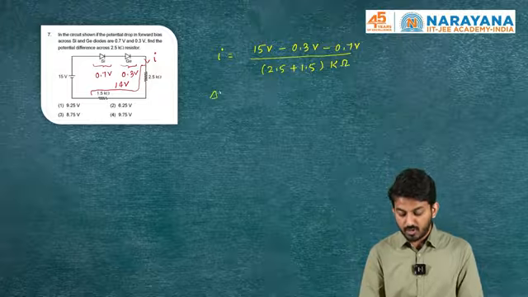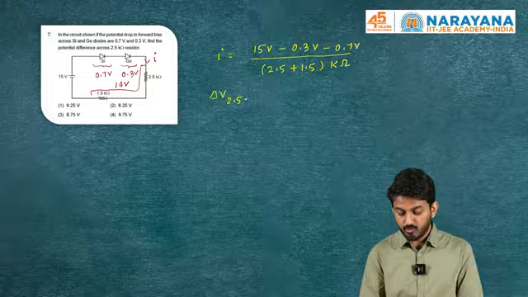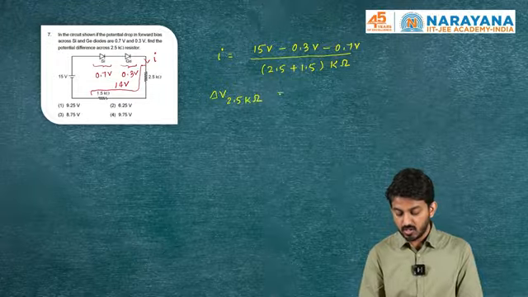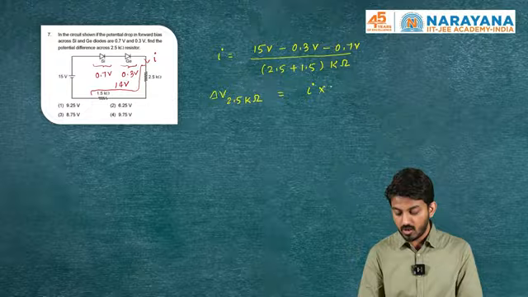Now, the potential difference across the 2.5 kilo ohm resistor is going to be the current into the resistor.